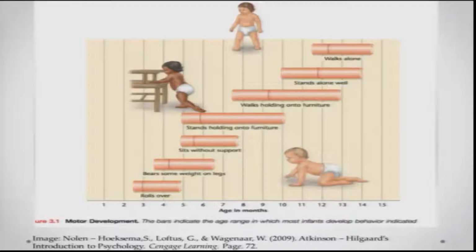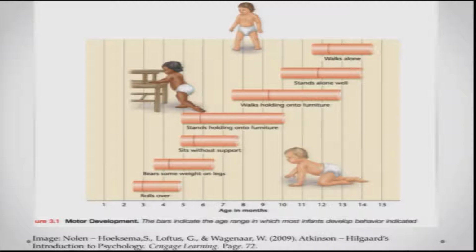This is a chart borrowed from Atkinson and Hilgard's book, and Susan Nolen-Hoeksema's book, and it shows the chronology or pattern with which the child acquires motor skills. You can see that by 2.5 to 4.5 months, children can roll over. They have developed control of the trunk.